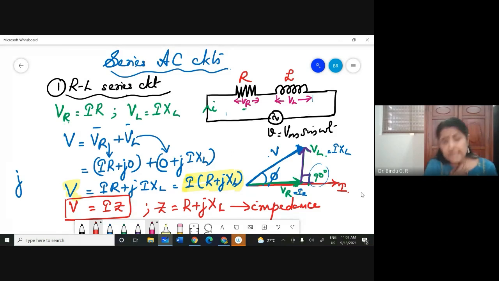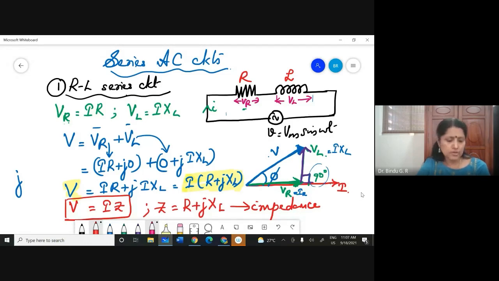In any DC circuit, V by I will always be equal to R. In an AC circuit, V by I will always be equal to Z, where in this particular case, Z is equal to R plus JXL.